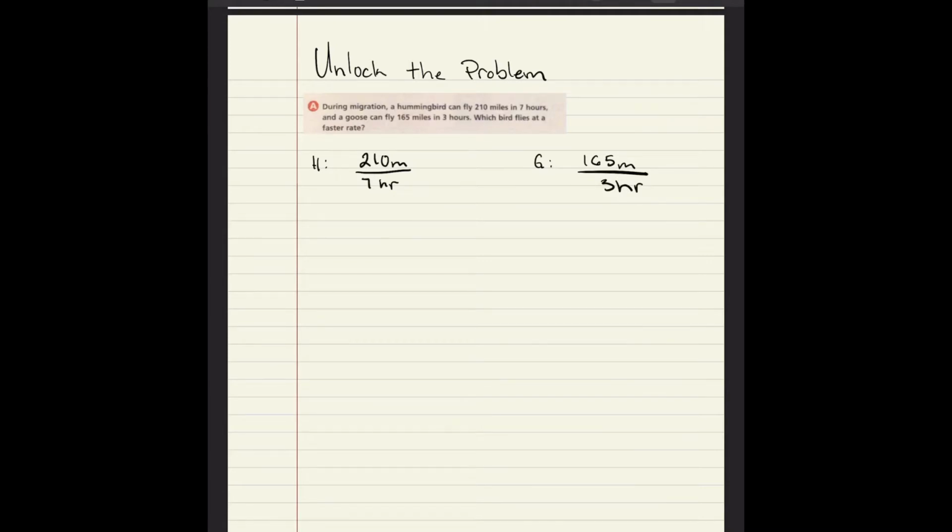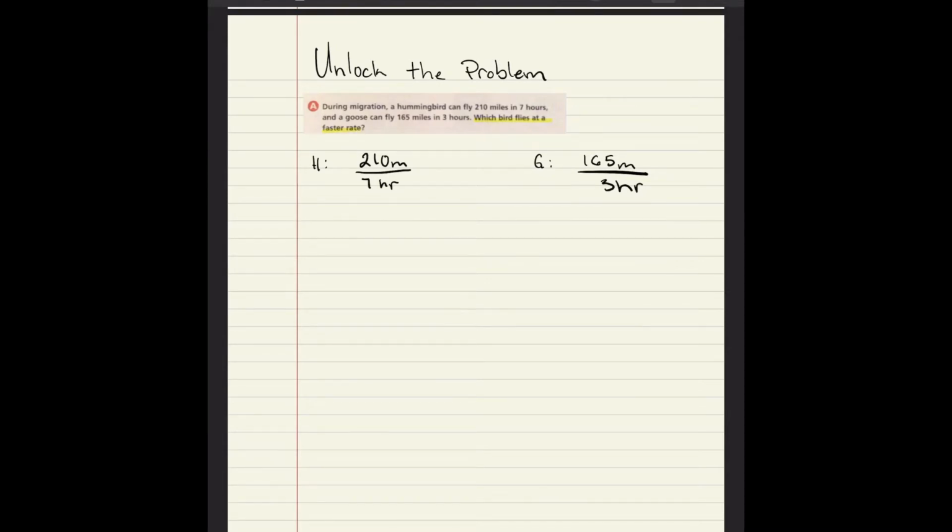And I can think about this that I want to compare the two and their fractions. So you could think, right, we need to have a common denominator. So let's make these a common denominator of 1 to find the unit rate. So I want to turn my 7 into a 1 for a unit rate because I want to know how many miles. The question is asking which bird flies at a faster rate.